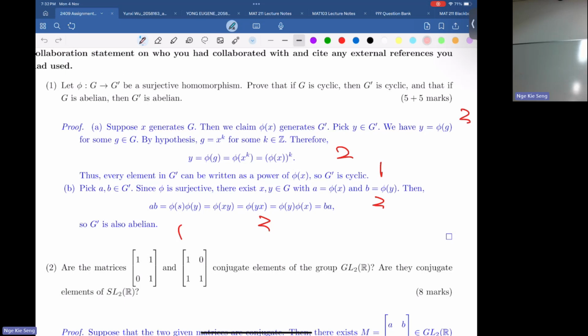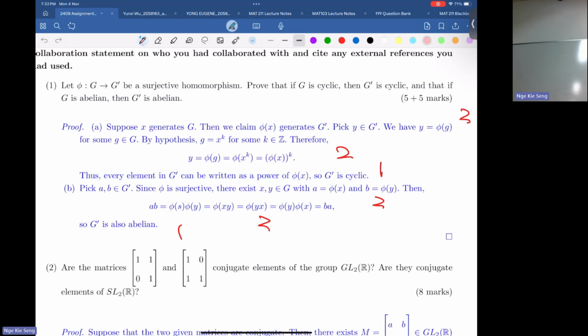So part A says we want to prove that G prime is cyclic. Meaning you need to find a generator. So who is the generator here? My claim is if x generates G, then phi of x will generate G prime also. So how do I do it? I want to show it generates G prime, right?